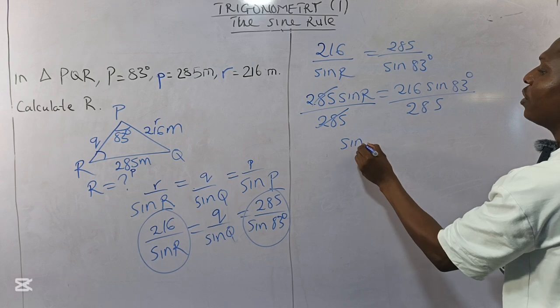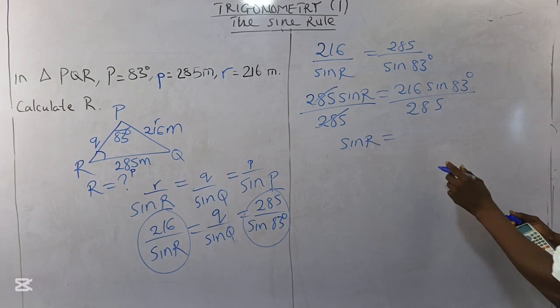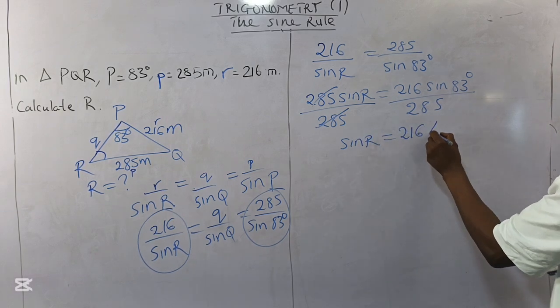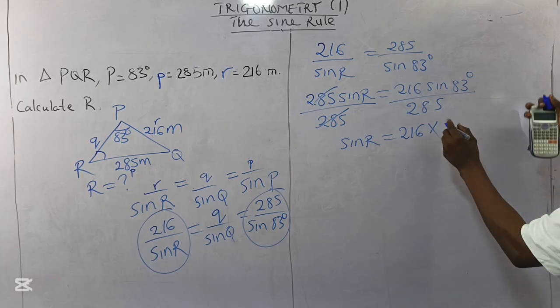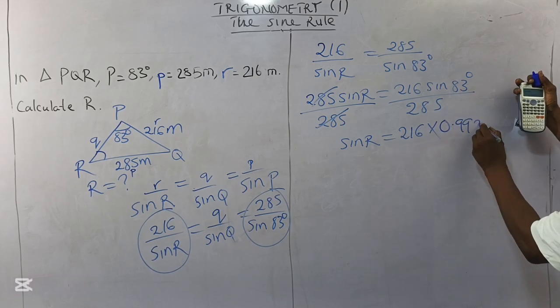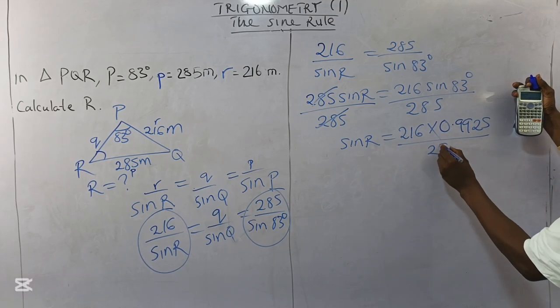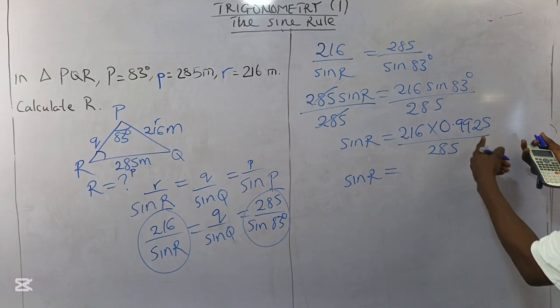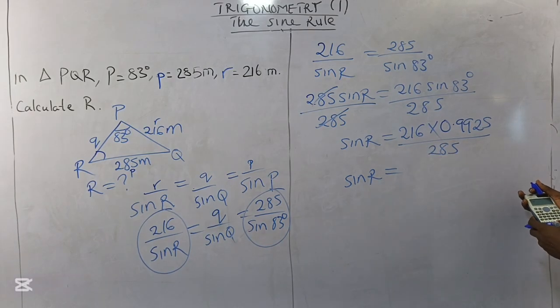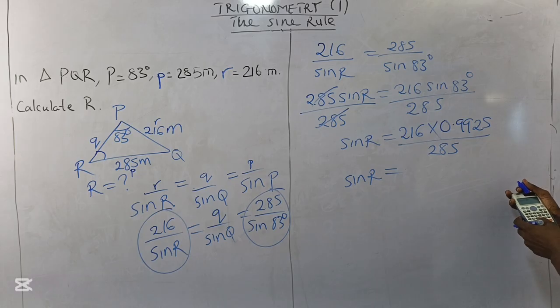And if I divide through by 285, I will have sine R equals 216 times sine 83, which equals 0.9925, all over 285. So sine R equals 216 times 0.9925 divided by 285.